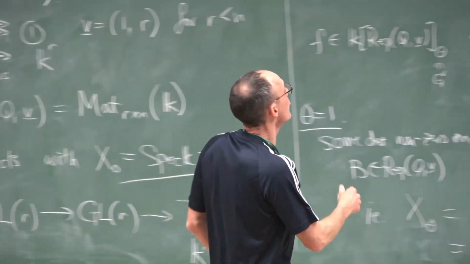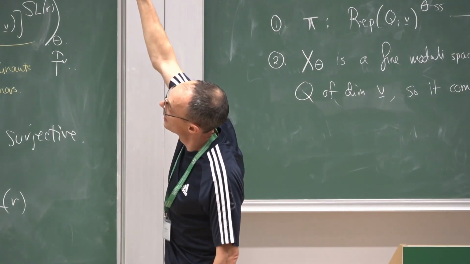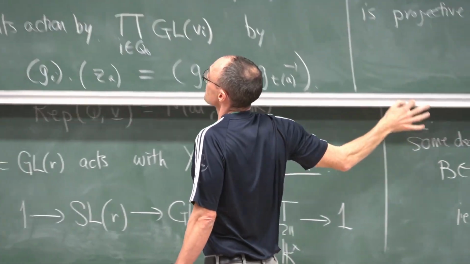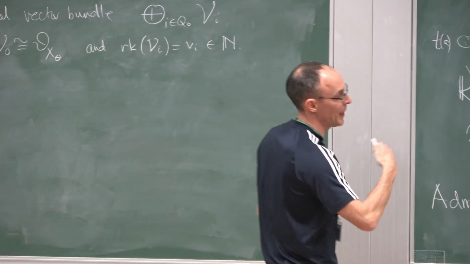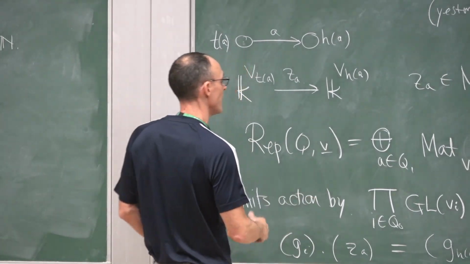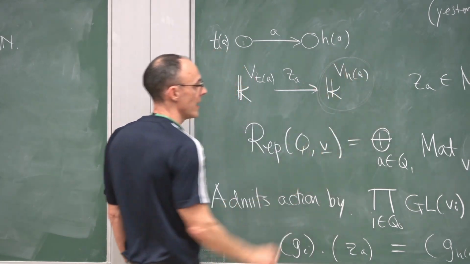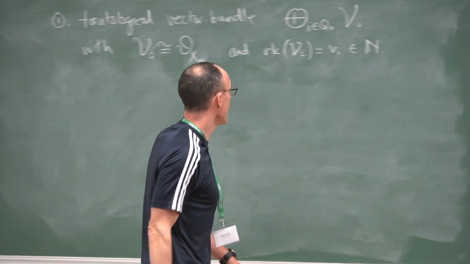So in general, the ranks of the tautological bundles on here are exactly the dimensions of the vector spaces that sit at every vertex. Indeed, as we move around this space, I'm parameterizing representations of a quiver, and the tautological vector bundle is exactly singling out this vector space in each of our representations.